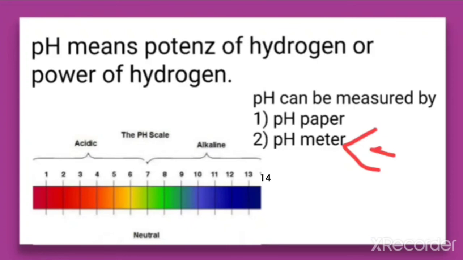A pH meter is a device that measures the pH dependent electrical potential of the test solution with 0.001 precision. pH meters the size of a writing pen are now available in the market also. With this we can find the pH of the solution more accurately, as it gives the value of the pH digitally.